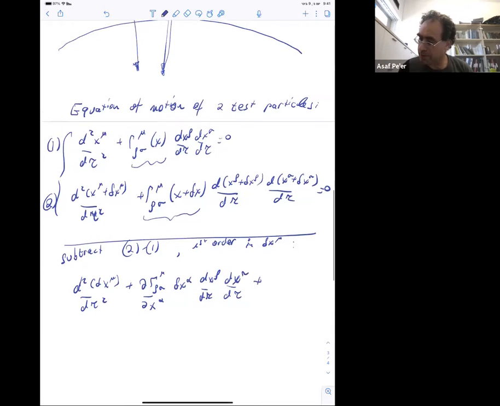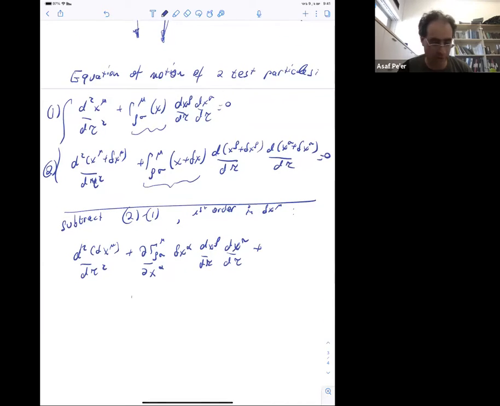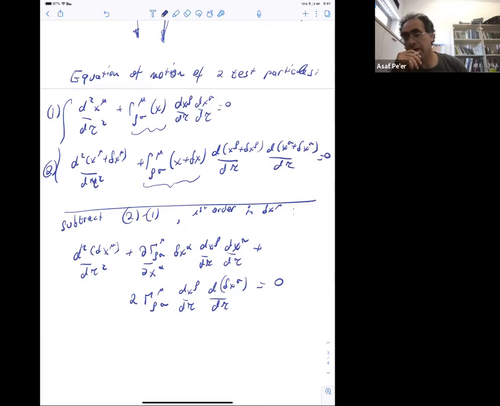Plus, because of the symmetry, I have twice Γ^μ_ρσ dx^ρ/dτ dδx^σ/dτ equal to 0. And the 2 here is because of the symmetry, of course. And I neglected terms which involve twice δx.